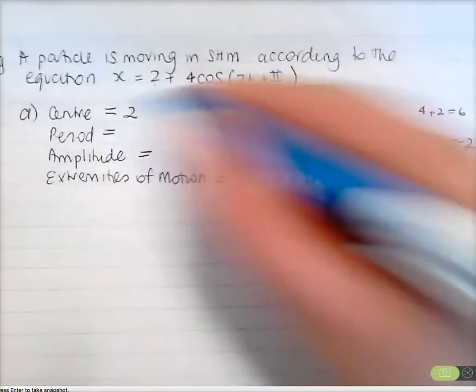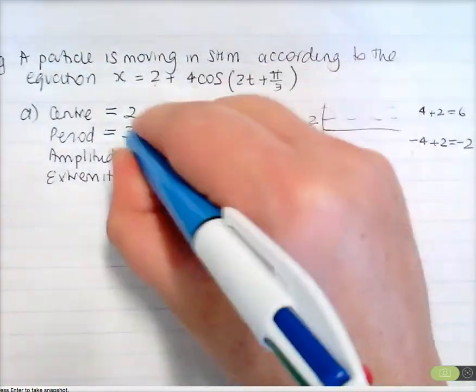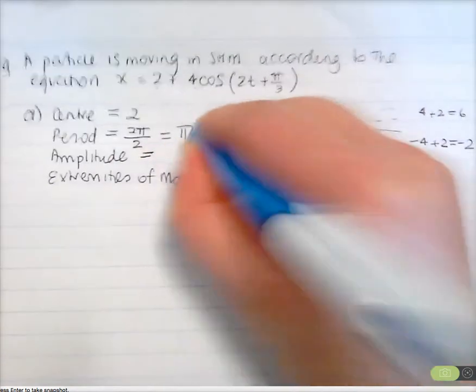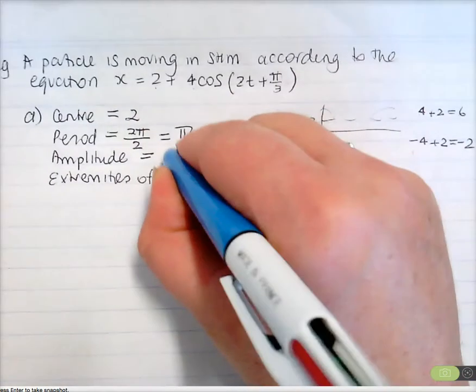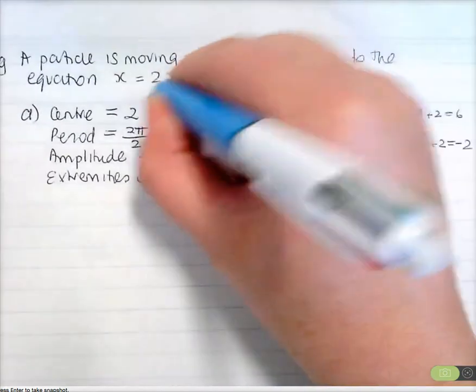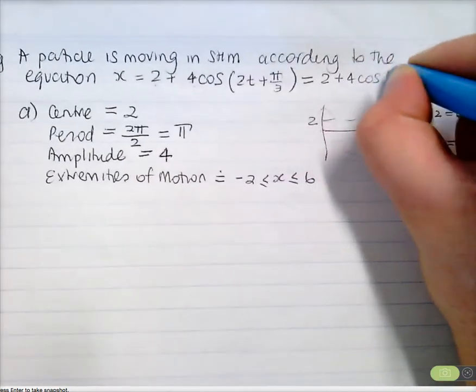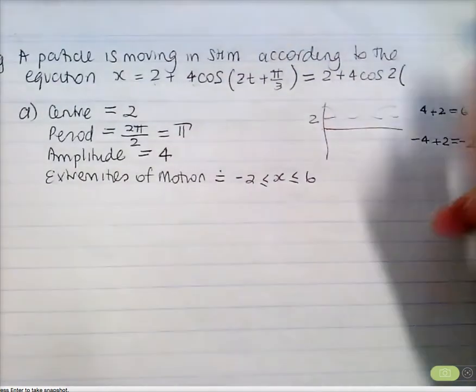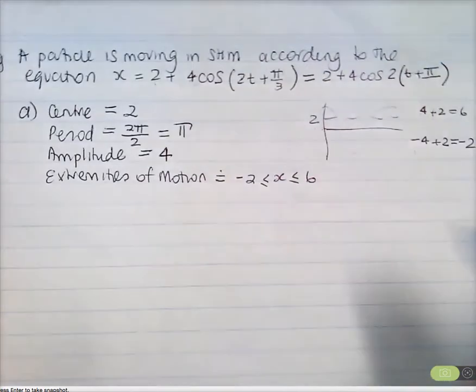The period is 2 pi on 2, the coefficient of the t. So the period's pi. The amplitude is 4. Do you want, we can do a sketch. What I'm going to do on the next line is 2 plus 4 cos, the 2 comes out, (t plus, has to be pi on what?) 6.